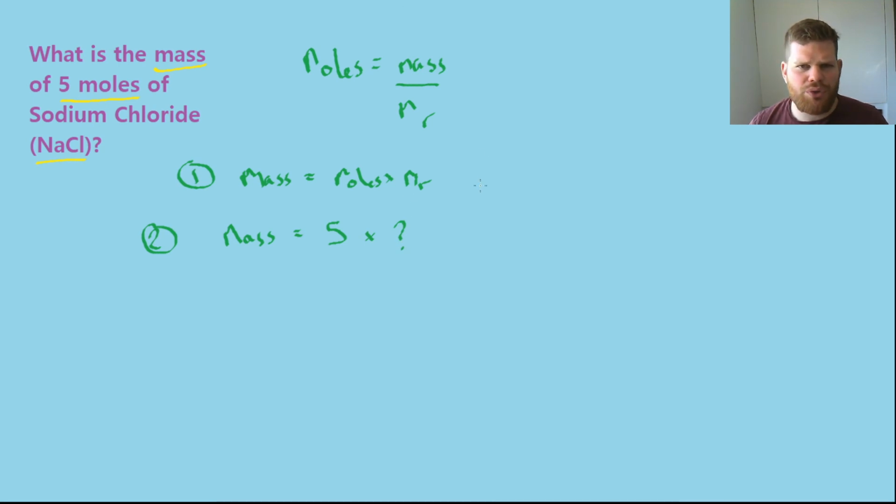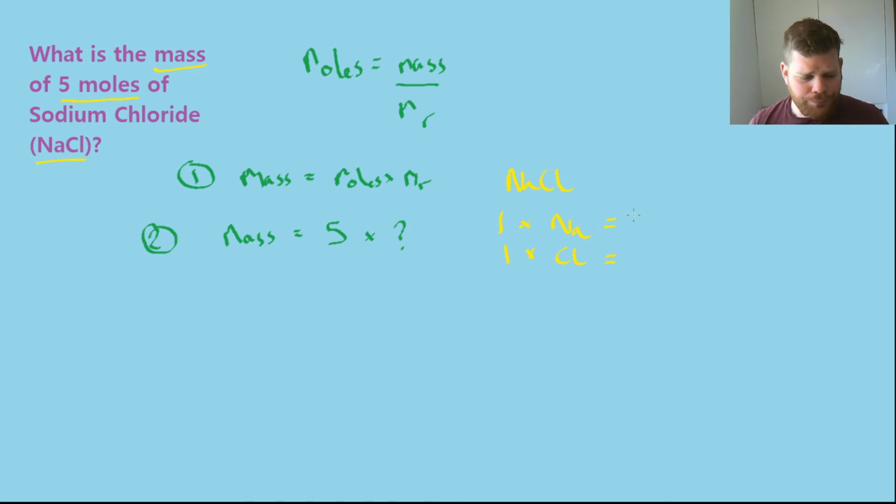Now we're working with sodium chloride. Sodium chloride is NaCl. So what's in NaCl? Well, we've got 1 Na and we've got 1 Cl. When we're working out the mass of 1 mole of our compound, we just multiply the mass of each element by how many atoms there are of that element.